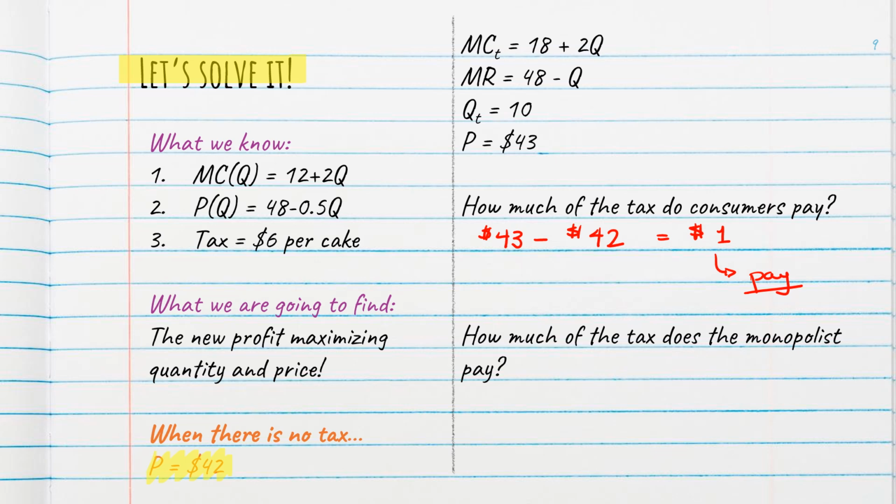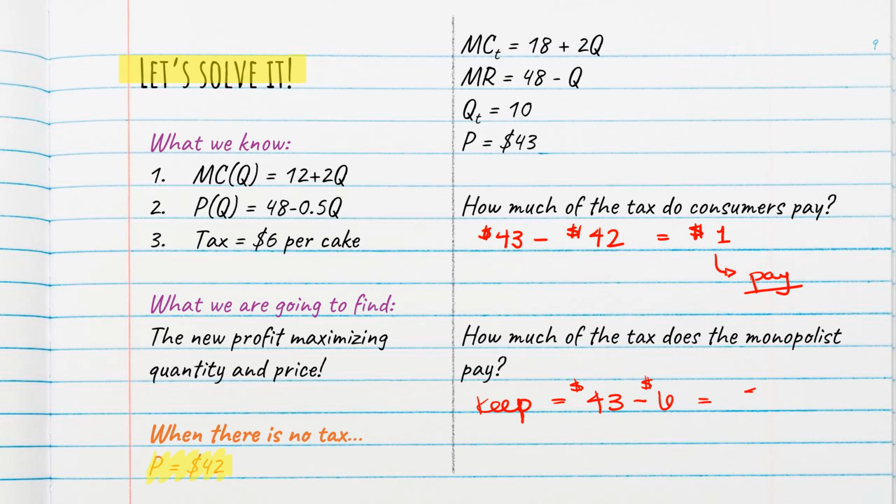That would be great, but I want to make sure we understand why, so we're going to do a little bit more work. Whisk Takers, the monopolist, used to charge a price of 42. Now they charge a price of 43, but they don't get to keep $43. So it's nice to think about what they keep. They keep 43 minus the $6 tax because they're the ones that are responsible for sending that money to the government.